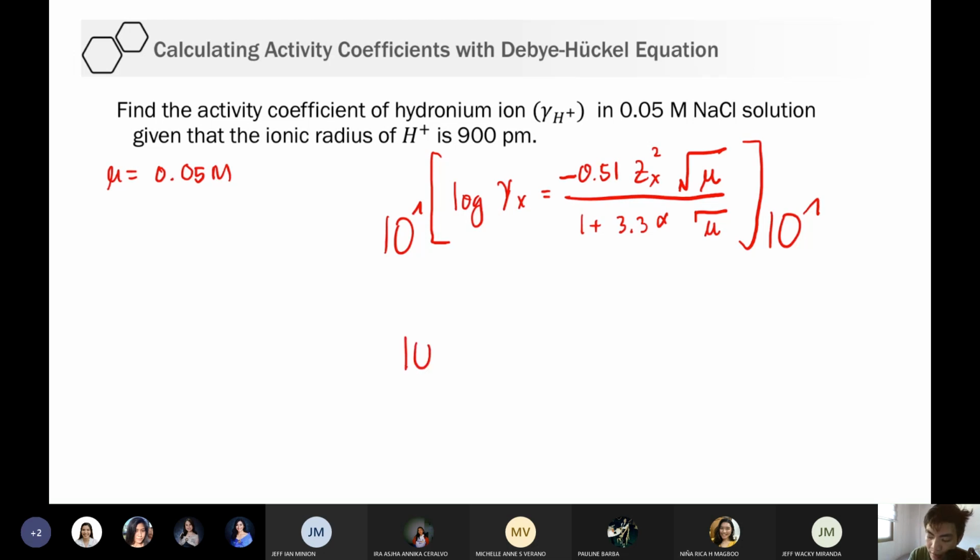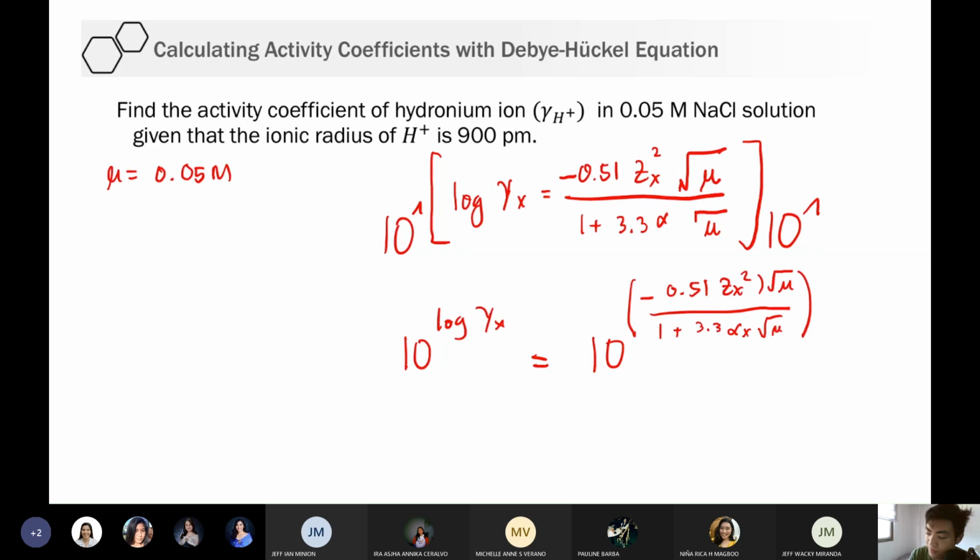We are going to plug this equation as the exponent for 10, same as here. So we will get 10 raised to log of gamma x equals 10 raised to negative 0.51 zx squared square root of mu divided by 1 plus 3.3 alpha x square root of mu. So what's 10 raised to logarithm of x?